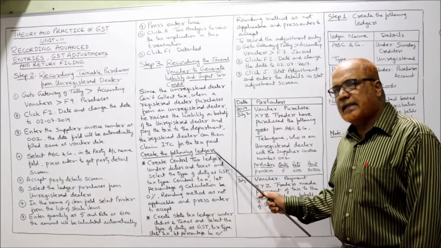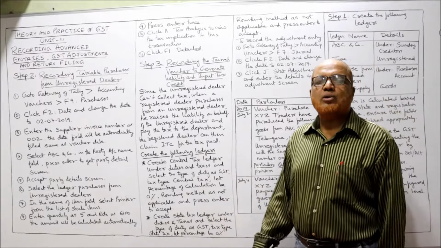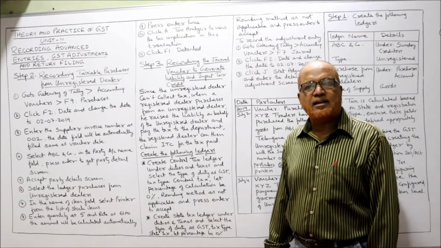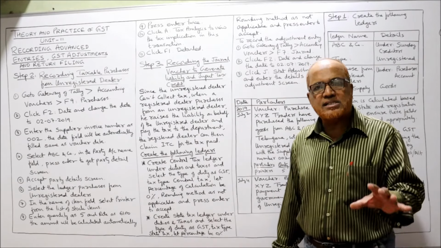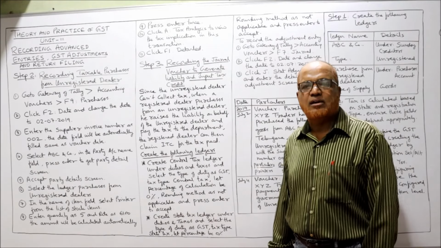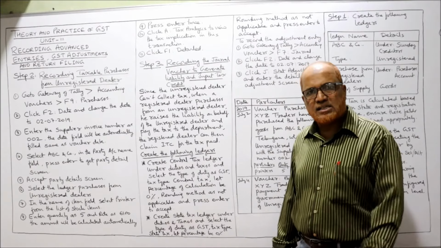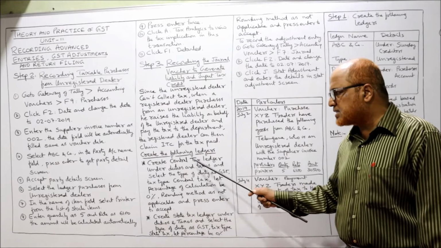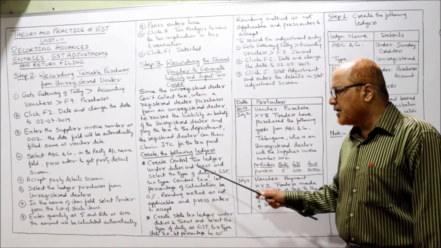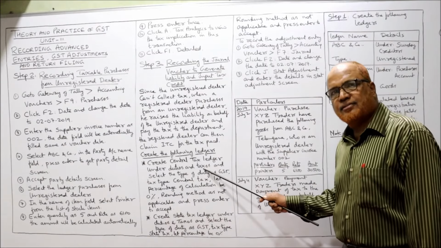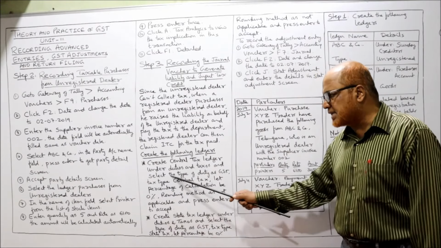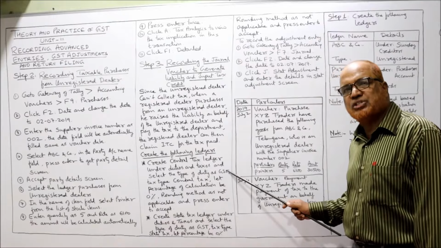Now create the following ledgers. Two ledger accounts you have to create: first for central tax and the second for state tax, because GST is there for central as well as state. So first of all, create the central tax ledger under duties and taxes, and select the type of duty as GST.